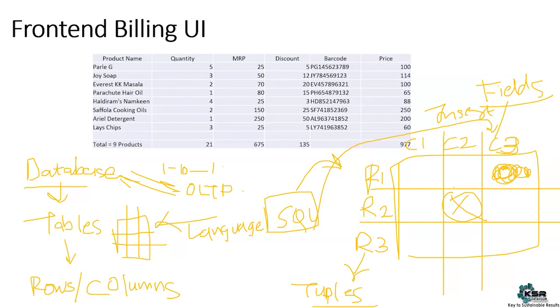Now, assume there is already data present at the R2, C2 position, which is row 2 and column 2 position. But I don't want this data. I want to delete this data. I want to remove it. So you again communicate with the database using SQL. I want to remove this, that means I want to delete it. Delete is also one command present in SQL.